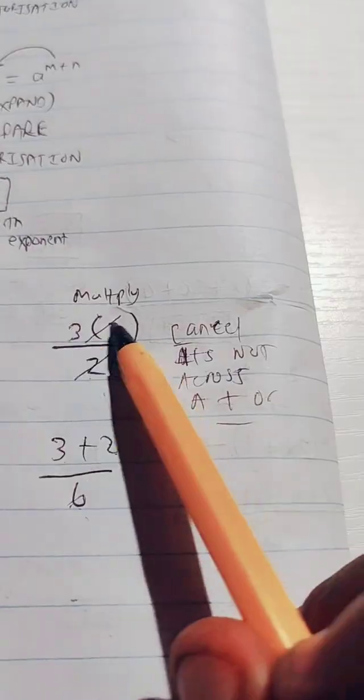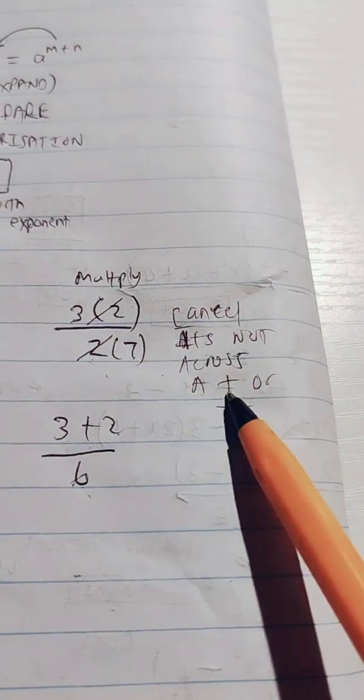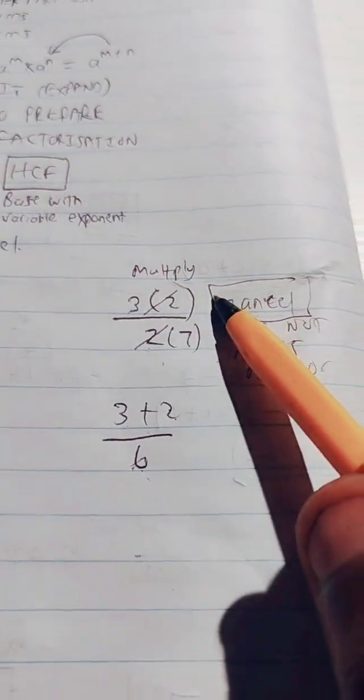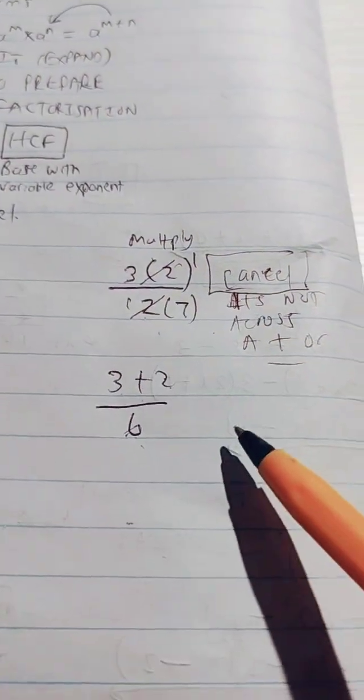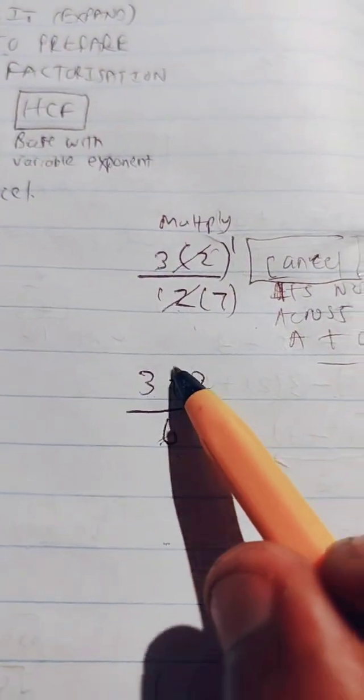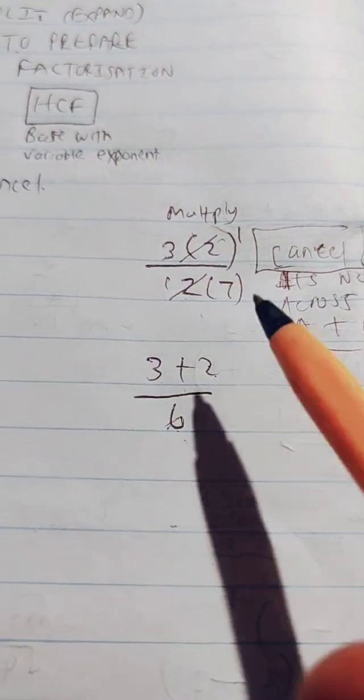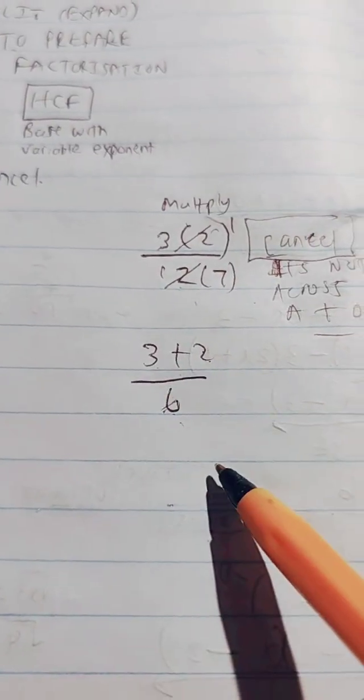Guys, as long as it's not across a plus and a minus sign, we can cancel. In other words, we can divide. And what's left in the place of 2 and 2? Obviously, 2 divided by 2 is 1. But we cannot cancel across an addition and a subtraction sign. We can't cancel this 6 and this 3. No. We can't cancel this 2 and this 6. No. Why? Because it's across an addition and a subtraction sign.